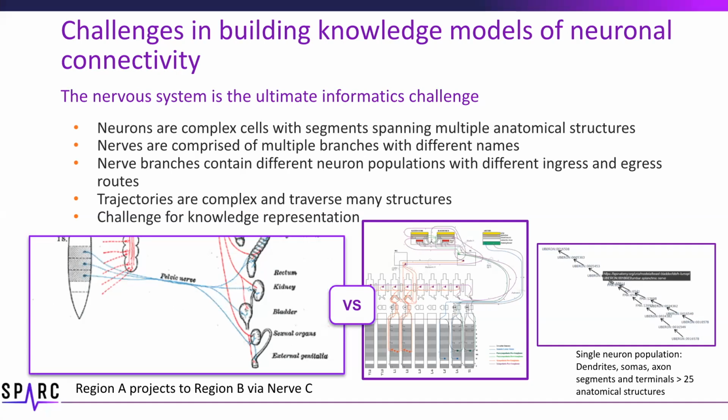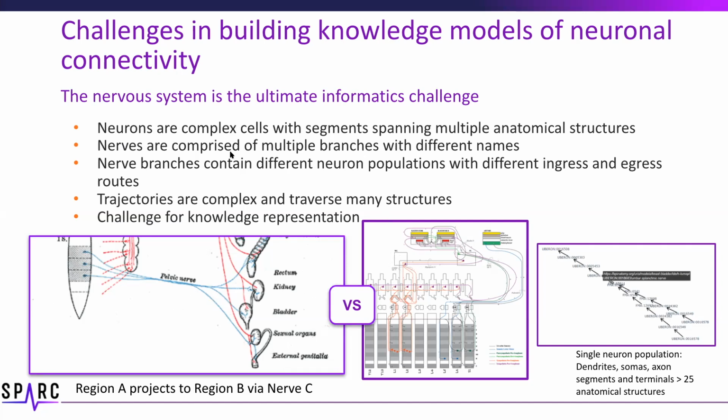The trajectories are very complex, and I think that's really appreciated by the two diagrams that I have down here. The left one is from Gray's Anatomy, and most knowledge models that we see of connectivity in the nervous system are very simple: region A projects to region B via nerve C. But when you actually track and try to put some realism into how these neurons actually go, you see it's not linear, and they go through various structures on their way to their final target.